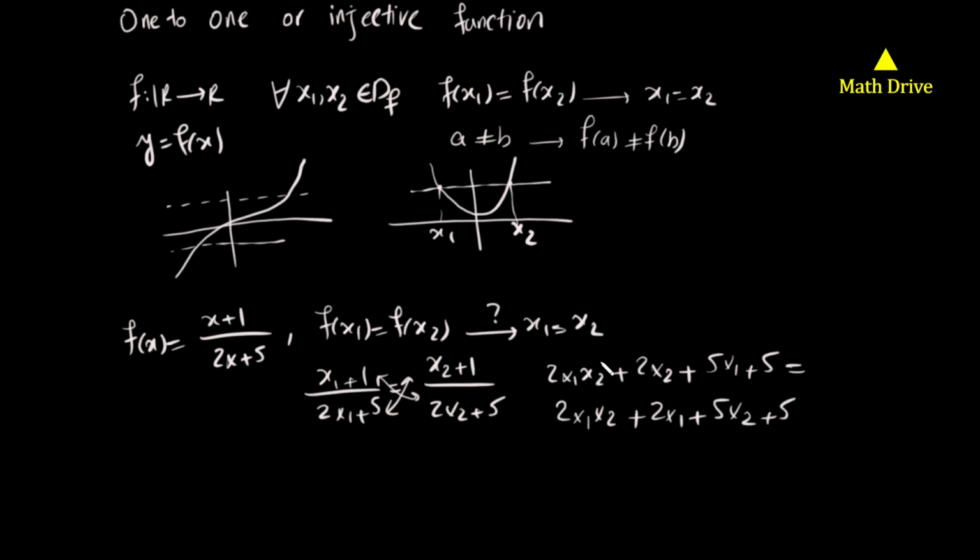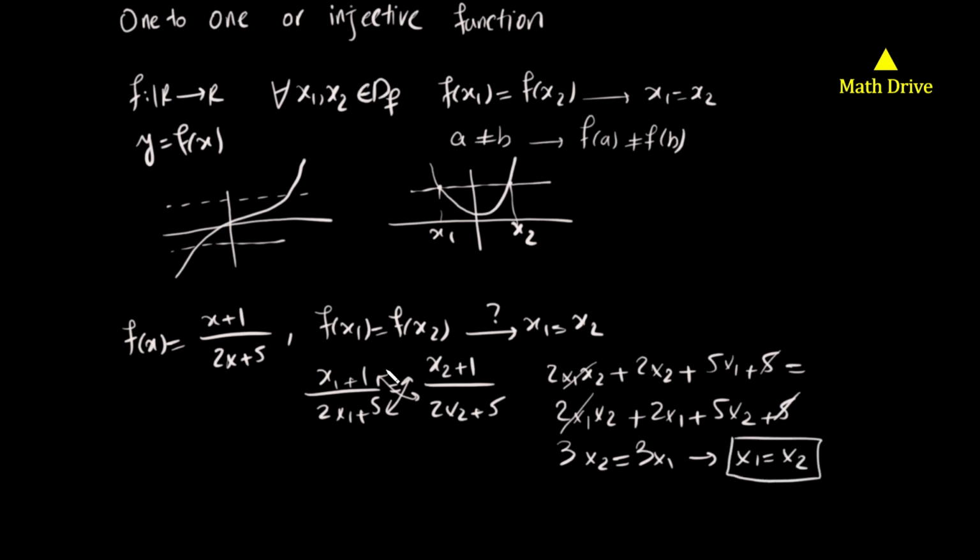So 2x1x2 is common, we can delete it, 5 is common, and 2x2 and 5x2 leave 3x2 is equal to 3x1, meaning x1 is equal to x2.